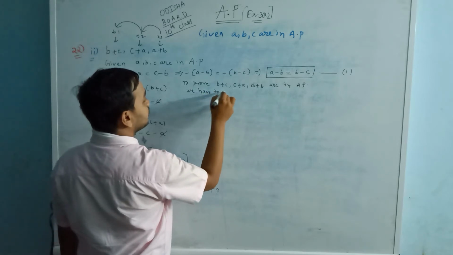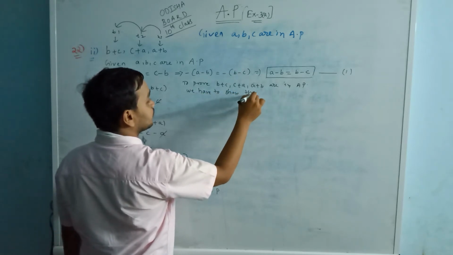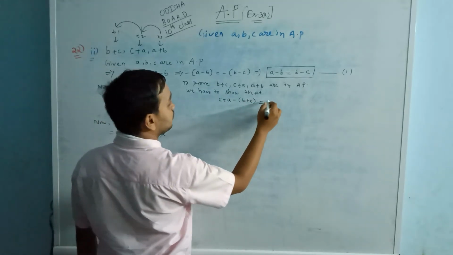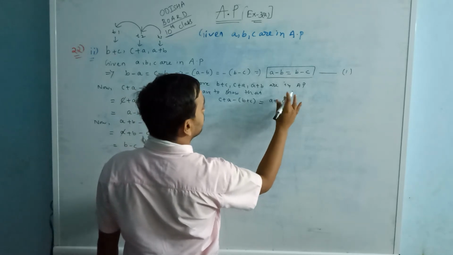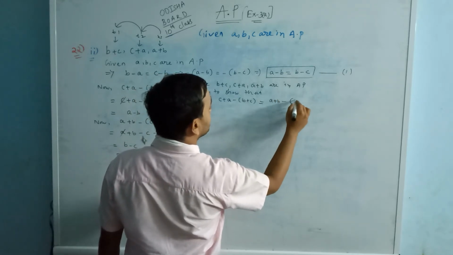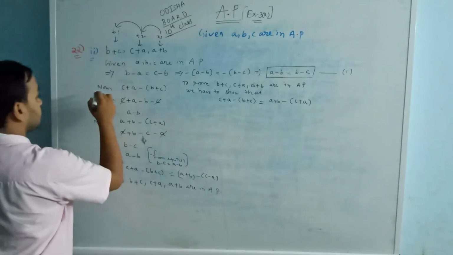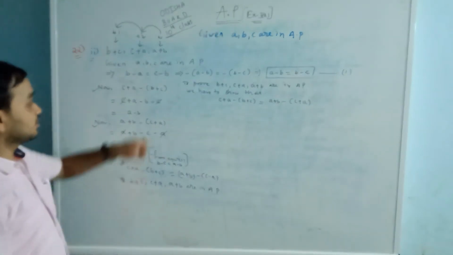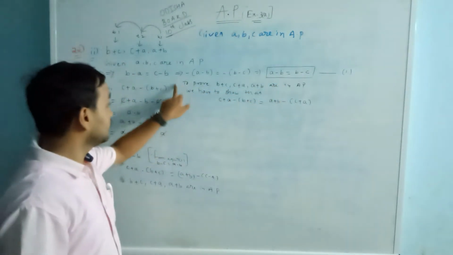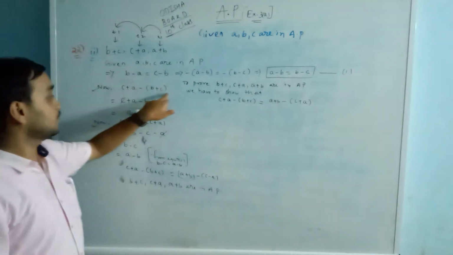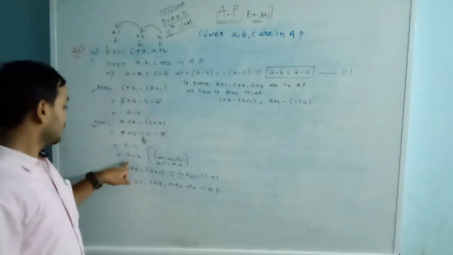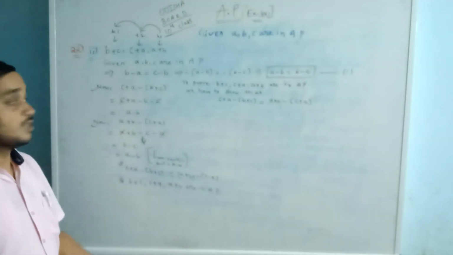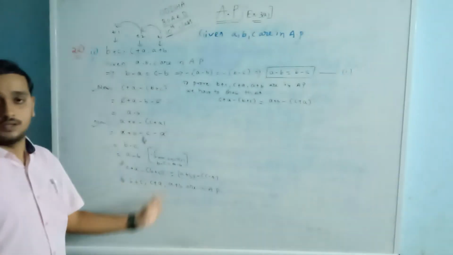We have to show that C plus A minus B plus C is equal to A plus B minus C plus A. Now start after this. Okay, first find this equation, then write this step, then C plus A minus B plus C, A minus B, B minus C, B minus C equal to A minus B from equation 1, then proof. Okay, simple. T2 minus T1, T3 minus T2. Write it down.